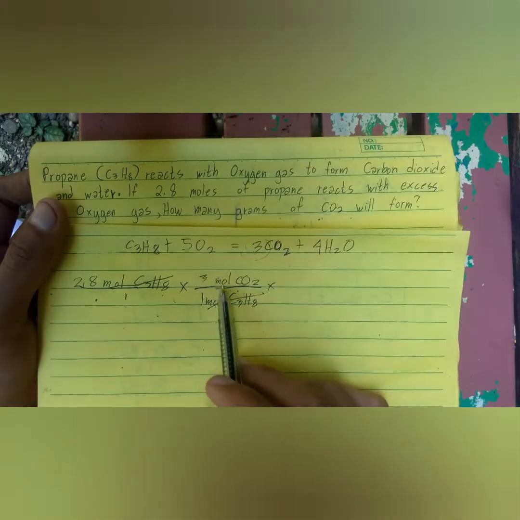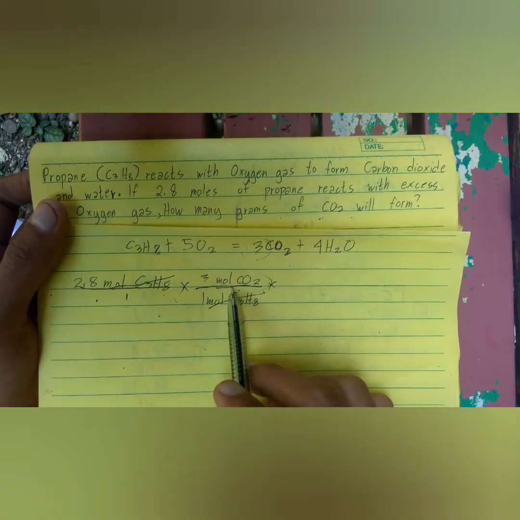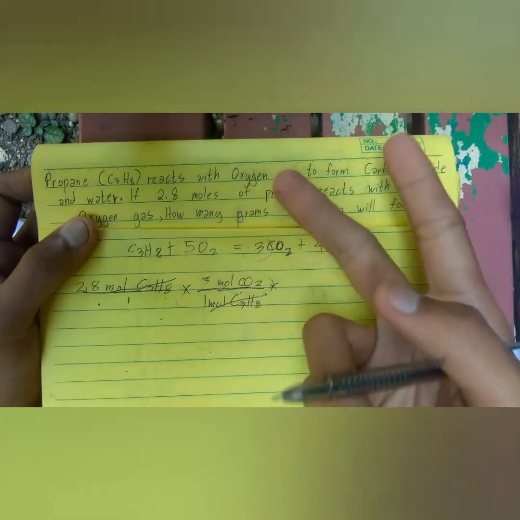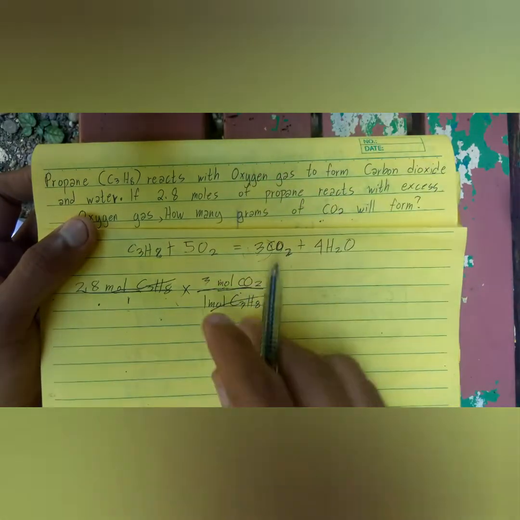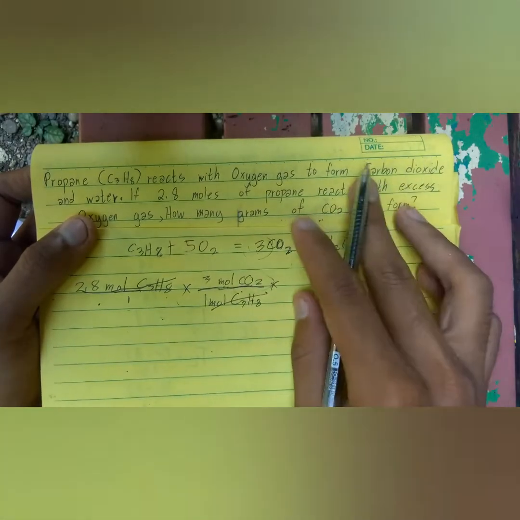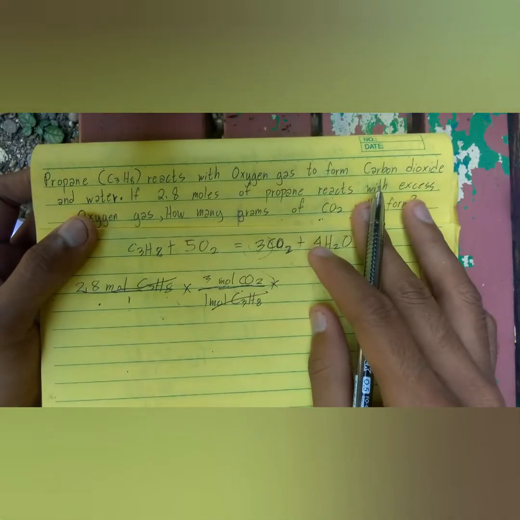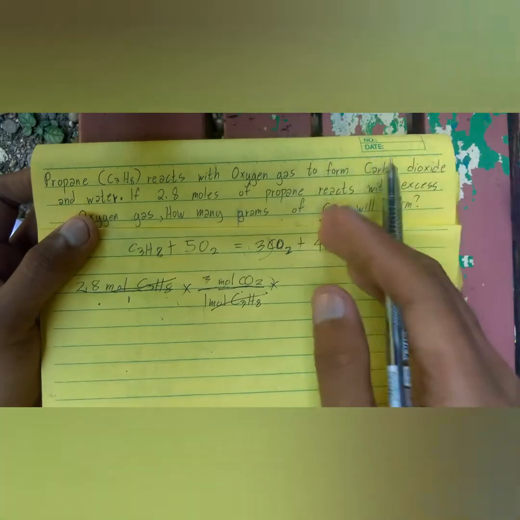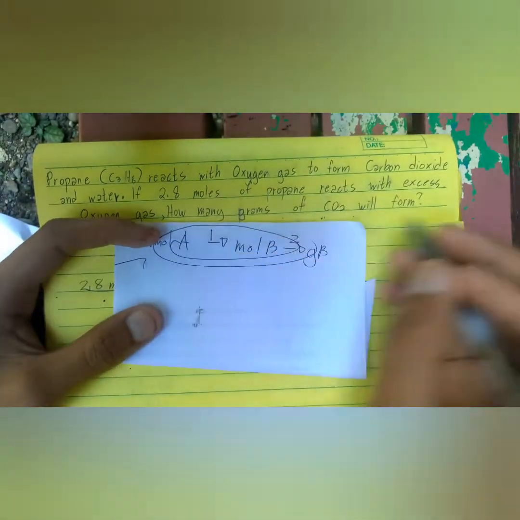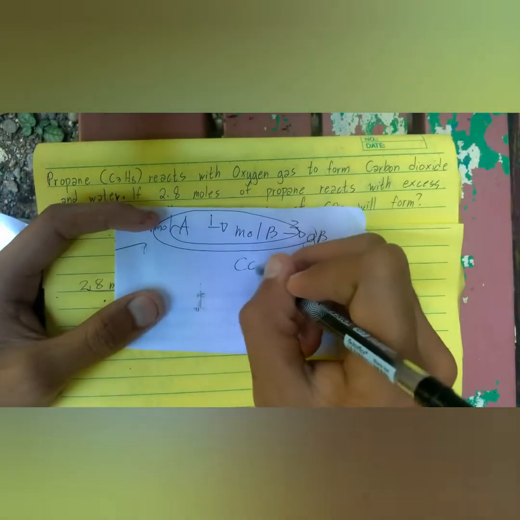And now, since we are on the mole of the substance B, we are now in the second step. We're going to convert this mole to the grams of carbon dioxide. How do we do that? Well, you need a periodic table to do this. First, we will write the chemical formula of carbon dioxide, which is CO2.